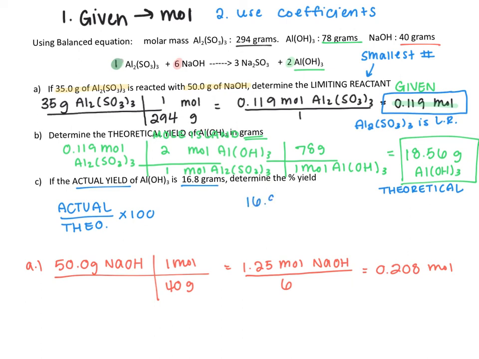I put 16.8 at the top. I put my 18.56 on the bottom, and I'll multiply that by 100. To do this in your calculator, you're going to take 16.8 divided by 18.56, and then multiply that number by 100, and you should get 90.52%. Now, if you round differently, your answer might vary, but as long as it makes sense, then you should be golden.